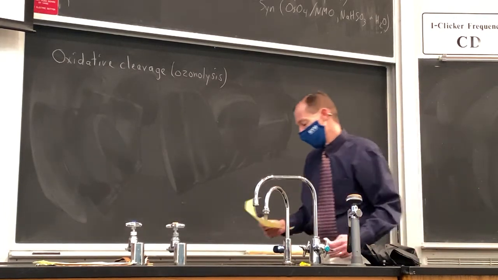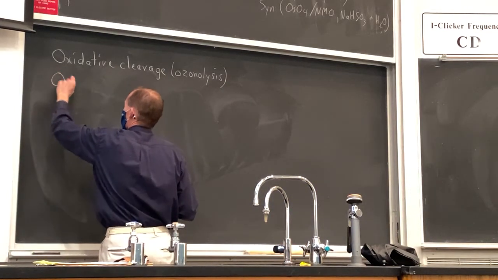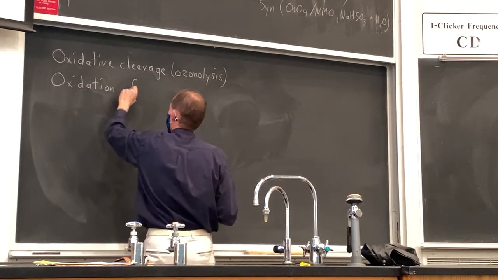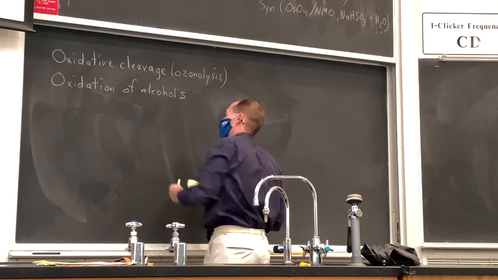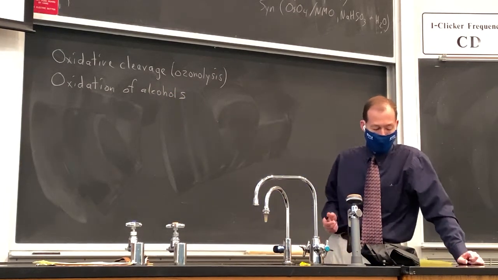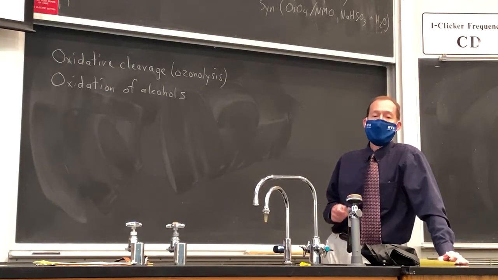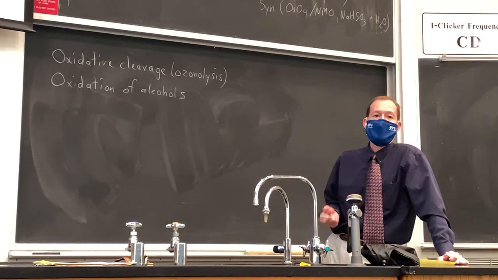Then our next oxidation involved oxidizing alcohols. So with the oxidation of alcohols, we have different types of products that we can obtain depending on the alcohol we start with.